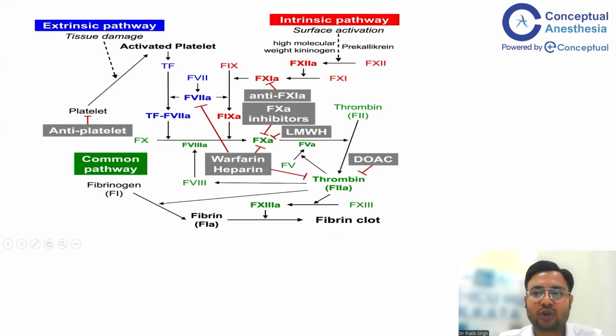Then if you look at thrombin, it acts on factor 5 and leads to its autocatalysis. Then DOAC acts as a direct thrombin inhibitor. So in this way, these are the drugs which act on different parts. I told you that there are direct factor 10 inhibitors like rivaroxaban or apixaban, which inhibit factor 10A and hence inhibit the common pathway onwards.